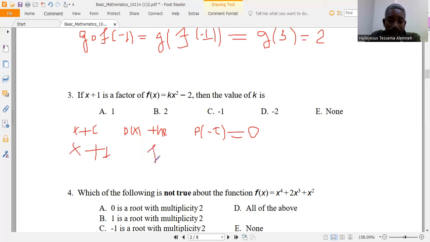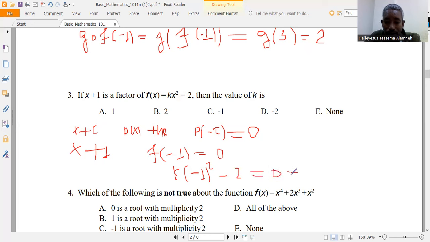Then let's find f of minus 1. F of minus 1 is equal to 0, which is k times (minus 1) squared minus 1 minus 2, equal to 0.